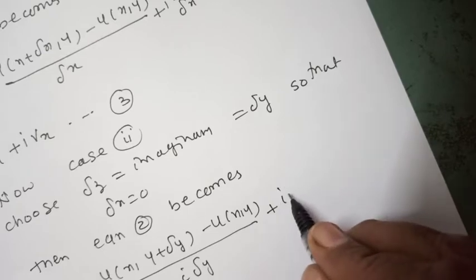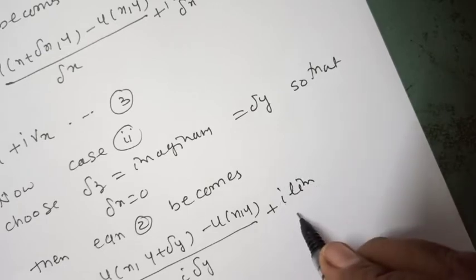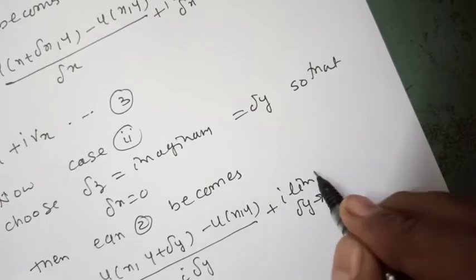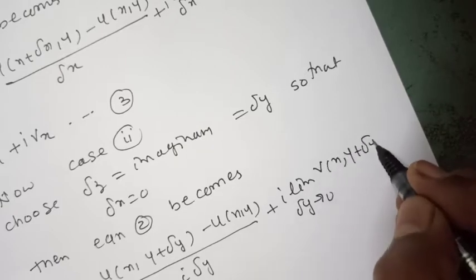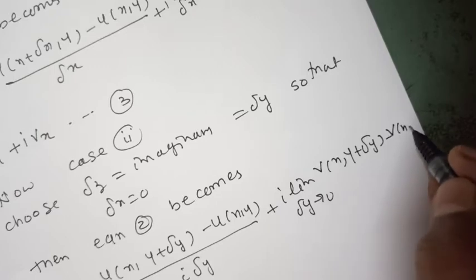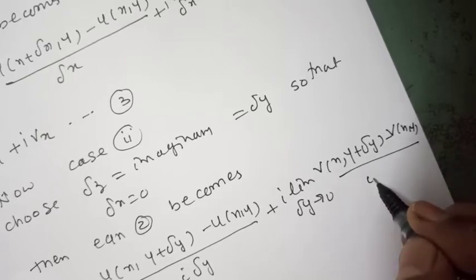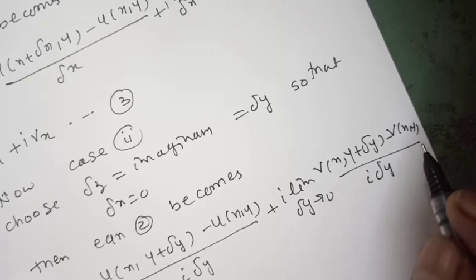plus i times limit as delta y tends to 0 of v of x, y plus delta y minus v of x, y upon i delta y.